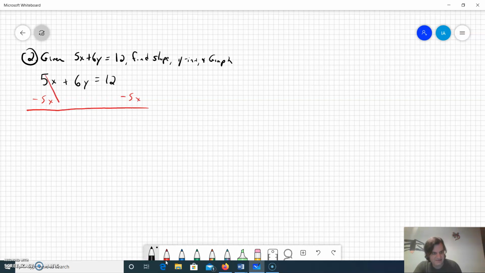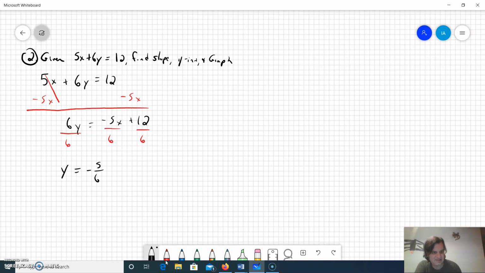So now we have 6y equals negative 5x plus 12. And then we've got to divide out the 6. In most of my examples I make them come out nicely so they don't confuse you at first. But you can't count on all examples to come out this way.